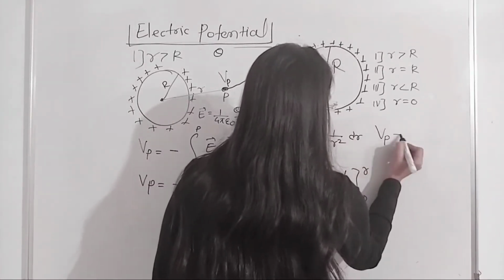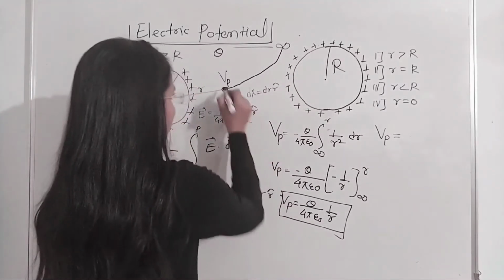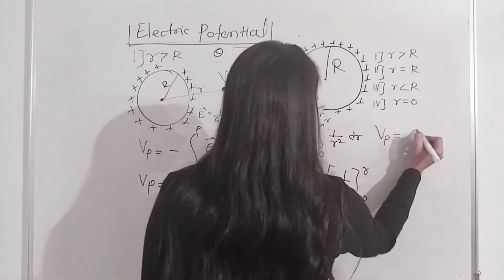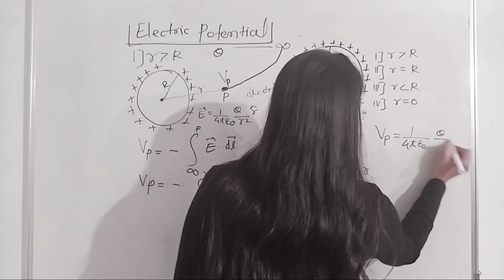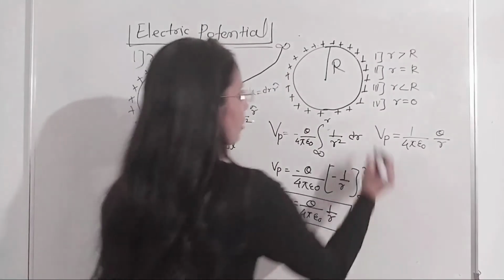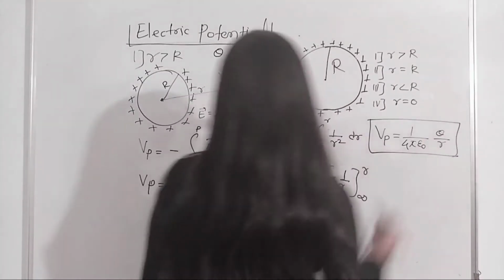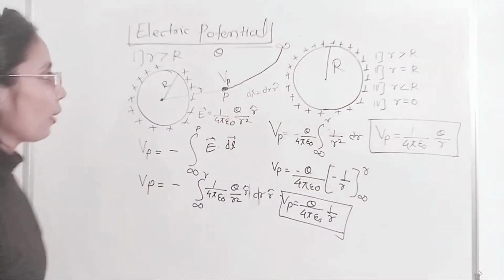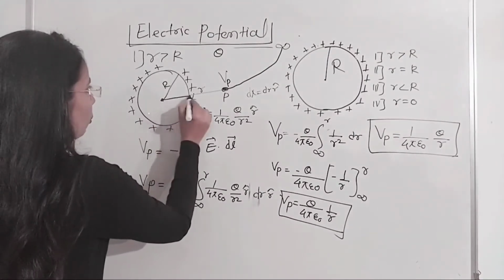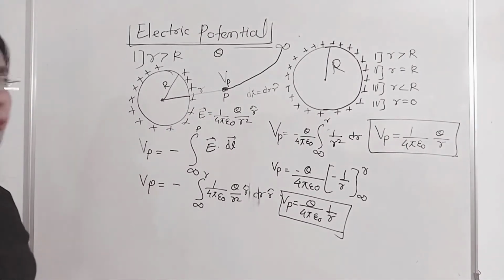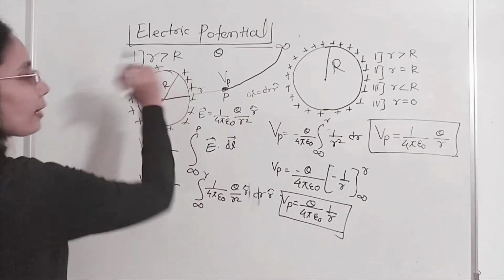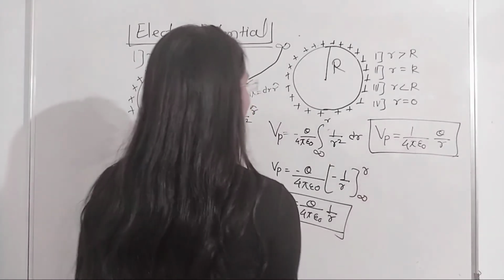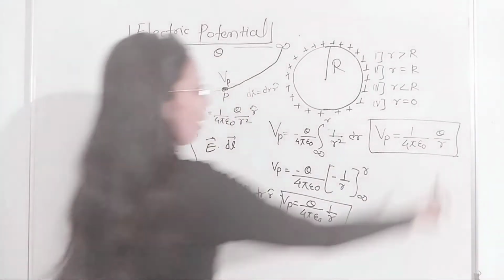The potential at point P is Vp equal to 1 by 4 pi epsilon naught, q by r, due to this hollow sphere. That is, when r is greater than R, the potential is Vp equal to 1 upon 4 pi epsilon naught, q by r.